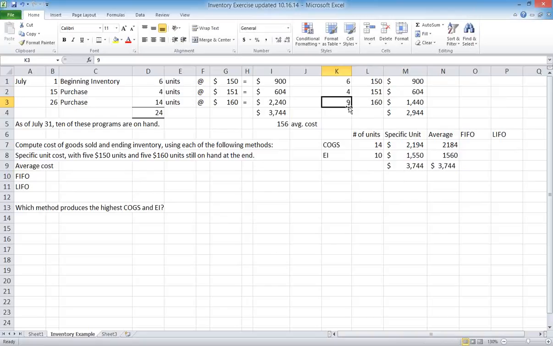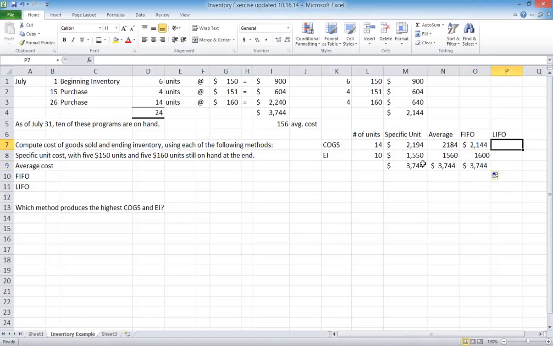And I sold 4. Because the first ones I bought are the first ones I sold. 6, 4, and 4 to get to the 14 sold. That means I have 10 units left at 160. Again, I can check my math to make sure that's right.